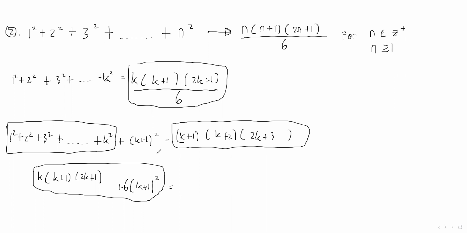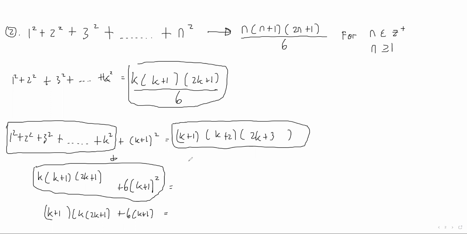So instead, we're going to try to factorize the left side here. As you can see, both k bracket k plus 1 bracket 2k plus 1 and the 6 bracket k plus 1 square have k plus 1. We can take that out, right? So we have k plus 1 bracket, bracket k bracket 2k plus 1 plus 6 bracket k plus 1.